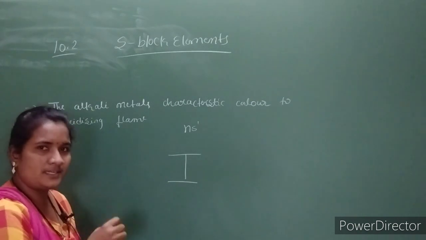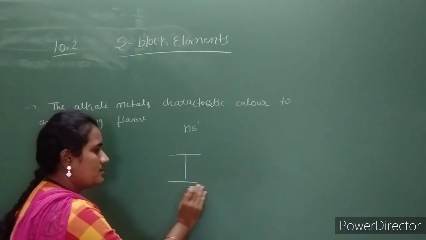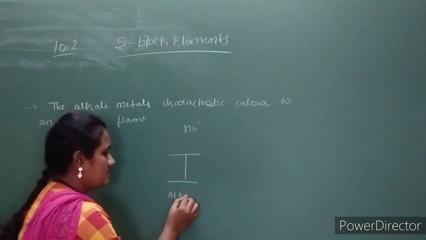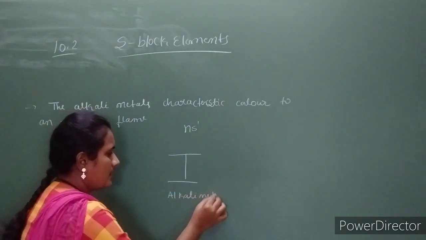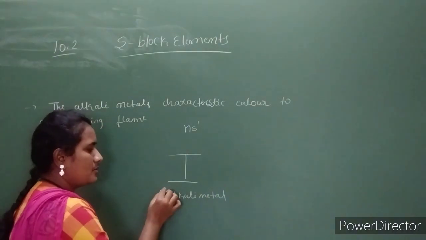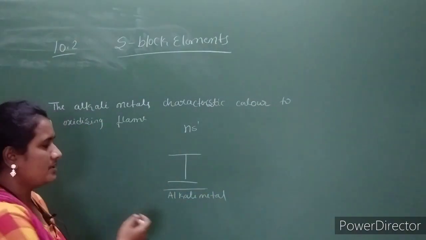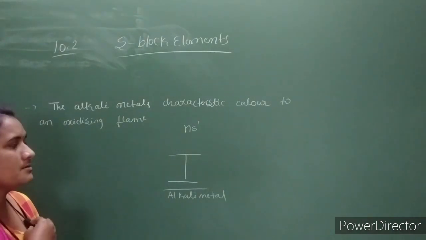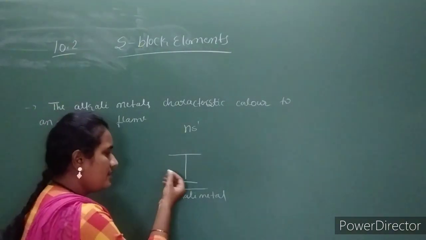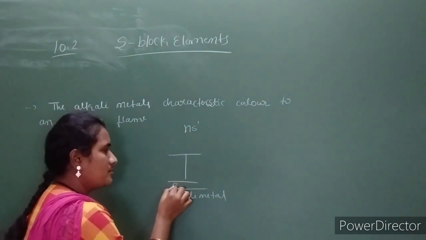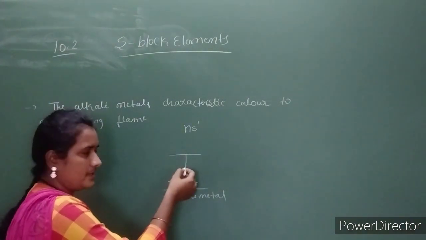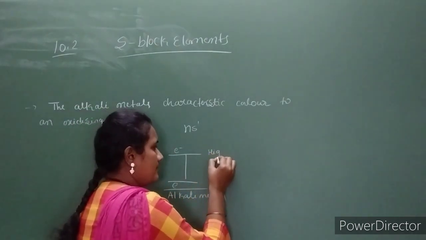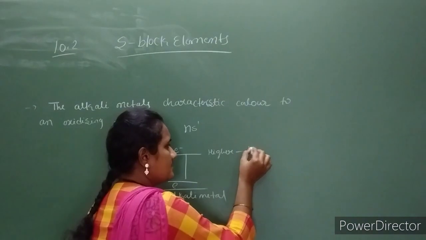Let us imagine this is the surface of an alkali metal. When you provide heat energy, or expose these alkali metals to the oxidizing flame, they absorb the energy and from the ground state undergo excitation and enter a higher energy level, or excited state.